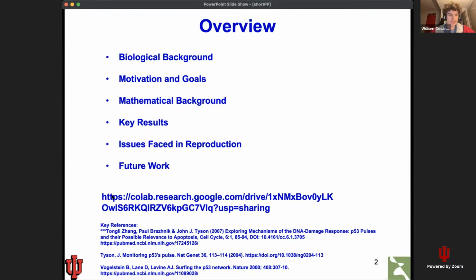My Colab notebook is here. I'm going to go over it after I go over the slides, and then some key references. These are just three different papers that I cite. The main paper that this notebook is modeled after is the first one, exploring mechanisms of, and so on. I'm not going to read that.